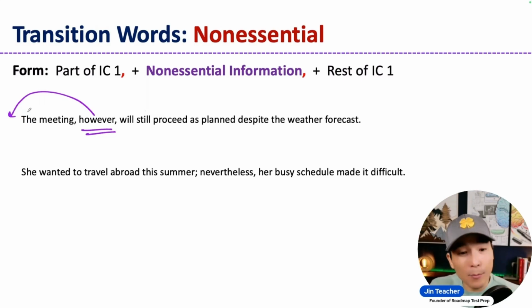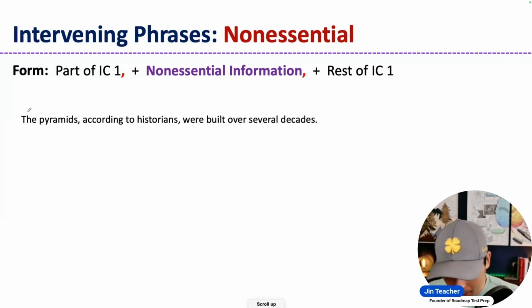So they can be moved around to different places in a sentence. So it's important to know that these transition words can be placed in front of the sentence, but they can also be placed inside of a sentence, right? And when they're placed inside of the sentence, just think about them as non-essential information, okay? So that's just kind of helpful to know. Now, that's also going to help you guys out with this type of non-essential, the intervening phrases.